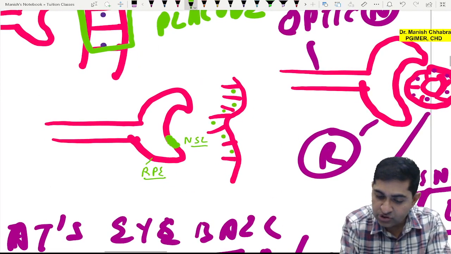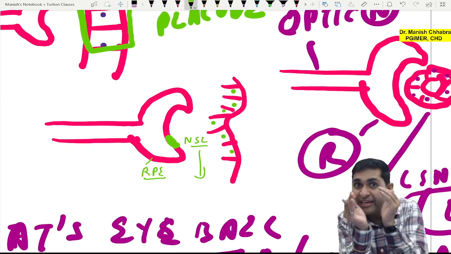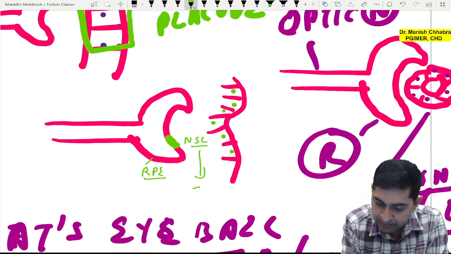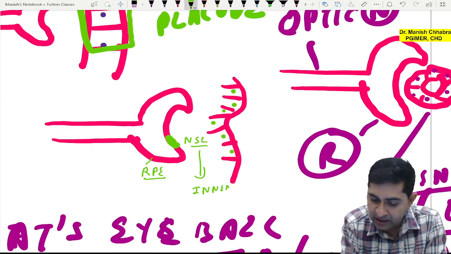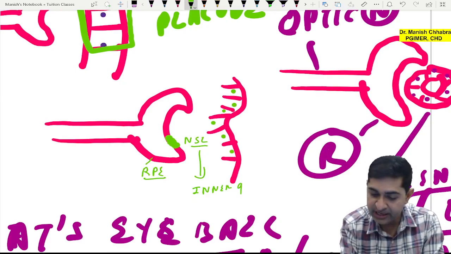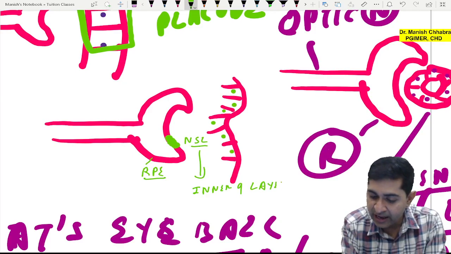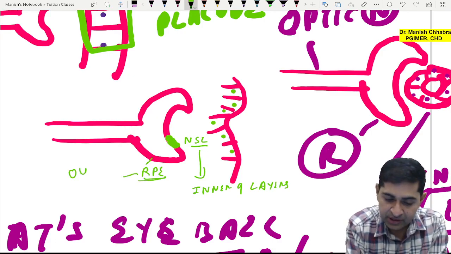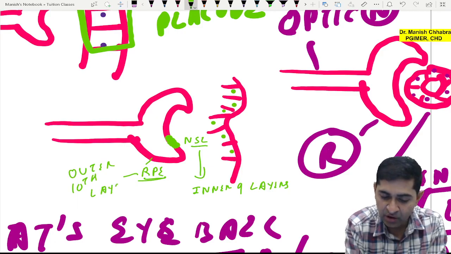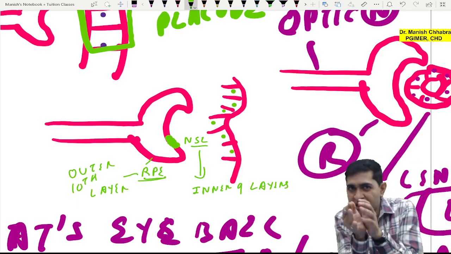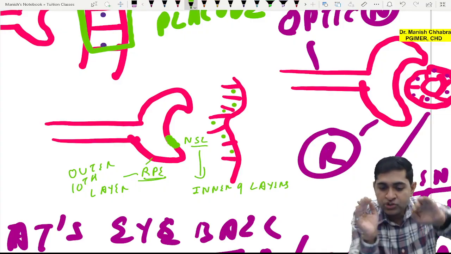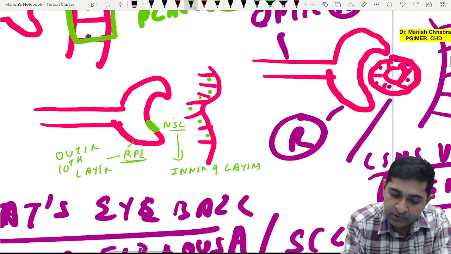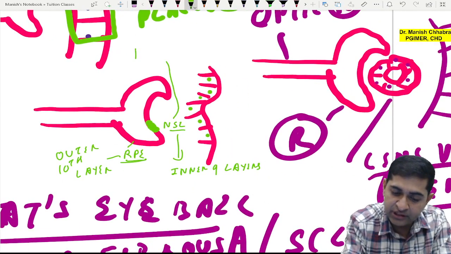Now the neurosensory layer is actually the inner 9 layers of the retina. We did it yesterday, we had done it yesterday. Inner 9 layers of the retina, while retinal pigment epithelium is the outer 10th layer of the retina. So we are starting from inside to outside. Now I am writing in detail what NSL is.